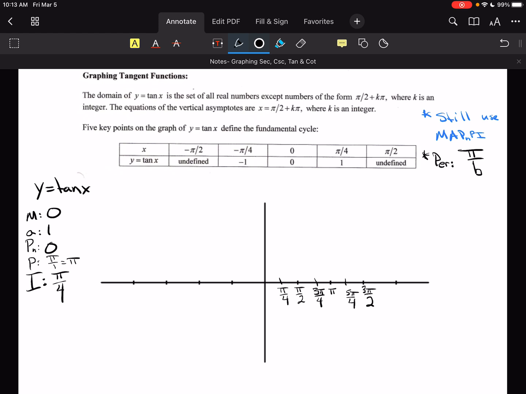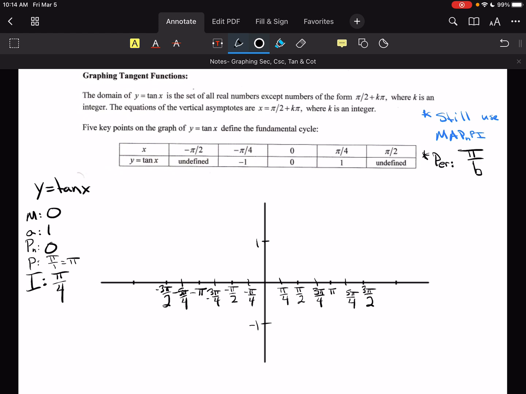Going the same in the negative direction, negative pi over 4, negative pi over 2, negative 3 pi over 4, negative pi, negative 5 pi over 4, negative 6 pi over 4, which would be negative 3 pi over 2. And my a value is 1. Okay, so we're still going to use that to mark my y-axis. So we're going to go up to 1 and down to negative 1.